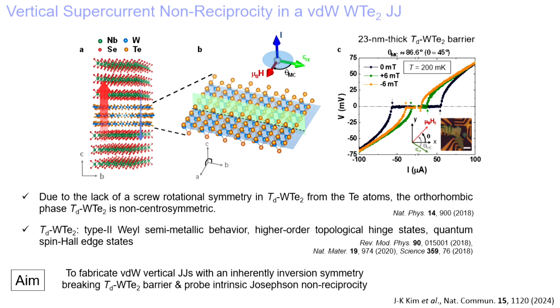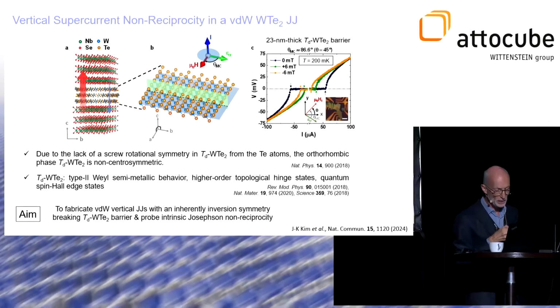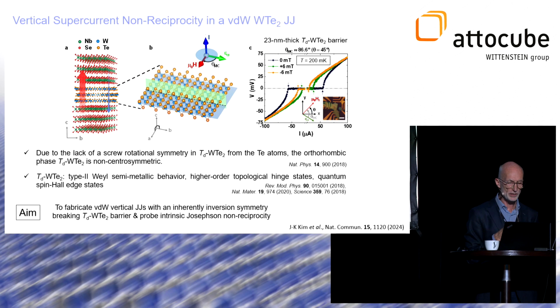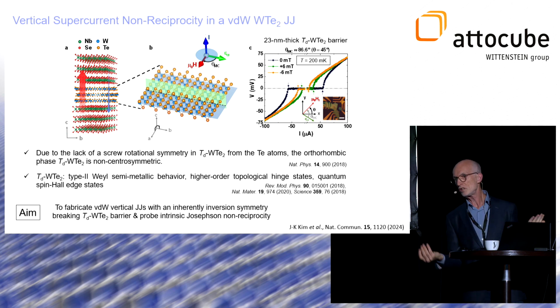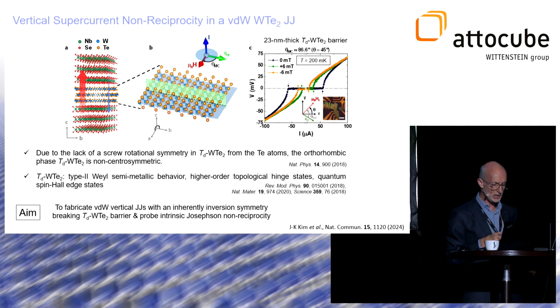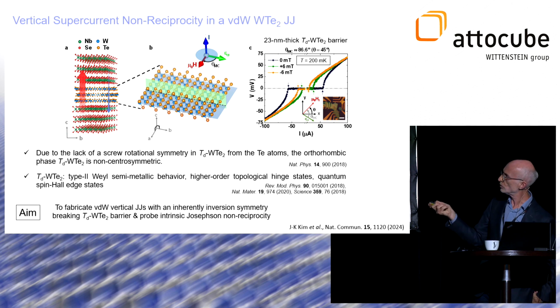And then finally, to prove that this is an intrinsic effect, there's been a huge debate in the literature over the last couple of years whether it could be extrinsic, related to flux trapped in the junction. We've made vertical Josephson diodes using exfoliated niobium diselenide. In between, we use the famous tungsten ditelluride. Again, this material is orthorhombic, very interesting, and therefore we have this mirror plane.